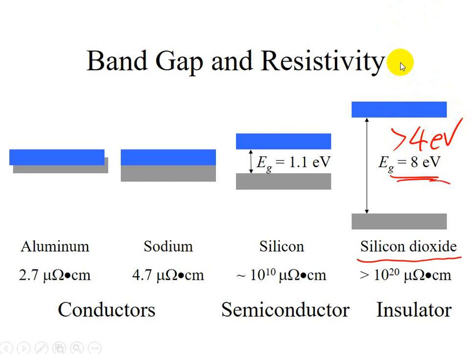So it will be very difficult for an electron at the valence band to receive energy and jump from low energy level to high energy level. An electron actually can jump from low energy level to high energy level if you supply the energy.